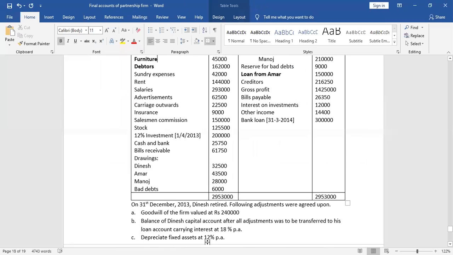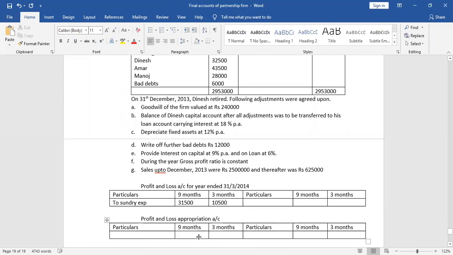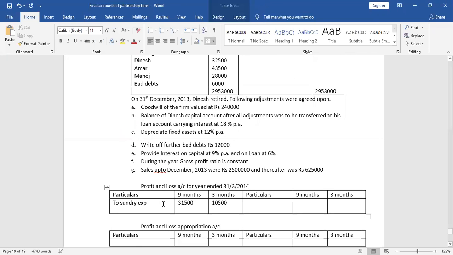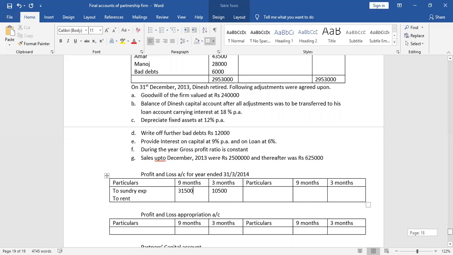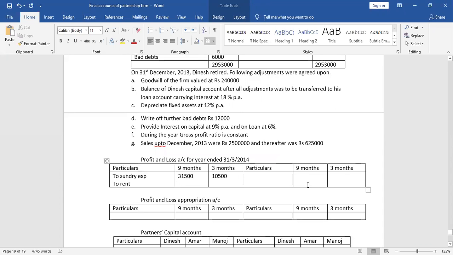And after sundry expense, what is there? Rent. Rent again, same way, do the classification: 9 months before retirement and 3 months after retirement. What is the amount of rent? It is 1,44,000. So divide 1,44,000 in the ratio 3:1.